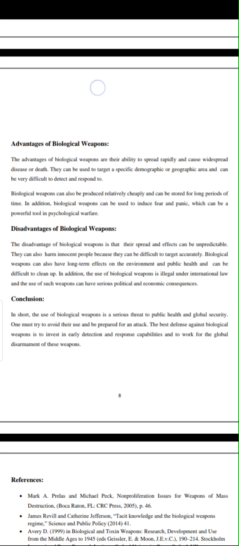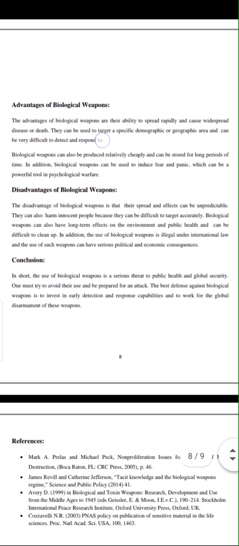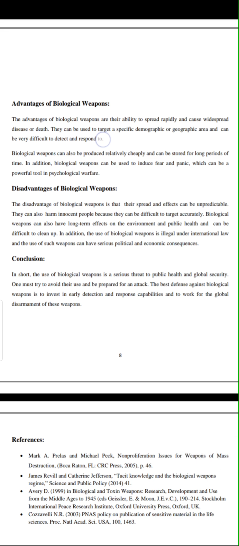They can be produced relatively cheaply, and they can be stored for long periods of time. In addition, biological weapons can be used to induce fear and panic, which can be a powerful tool in psychological warfare. These are the basic advantages of biological weapons.